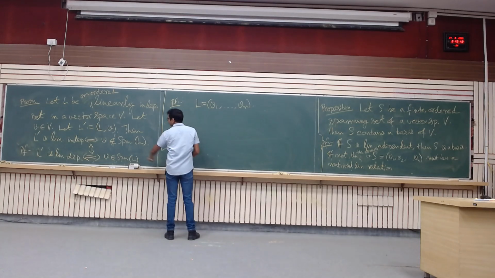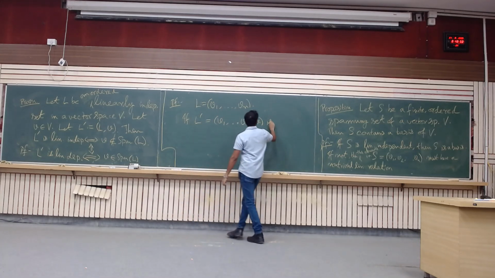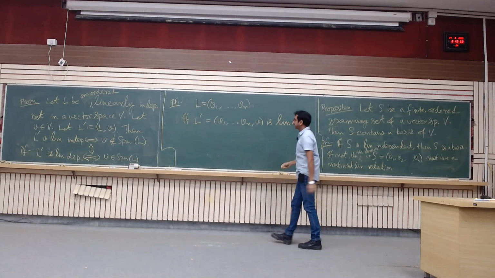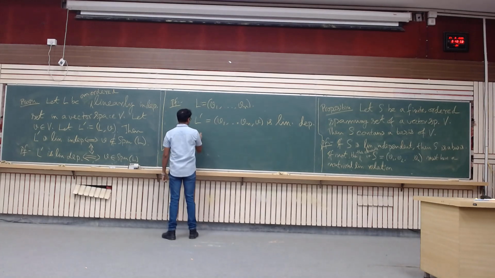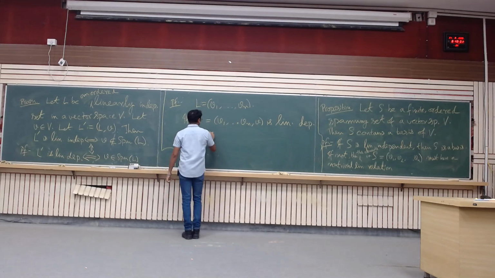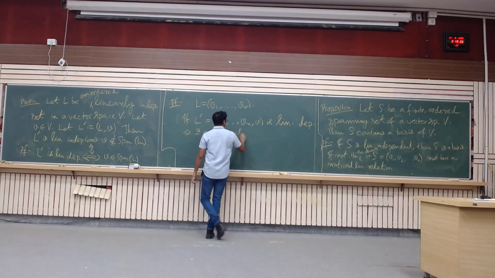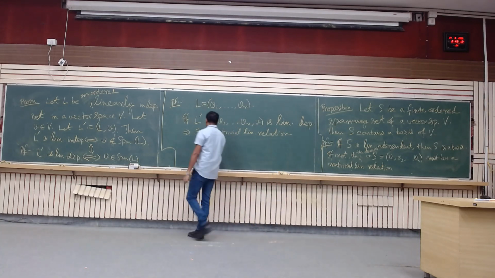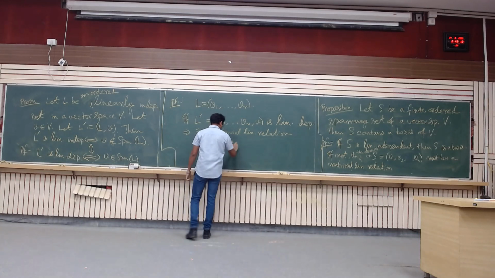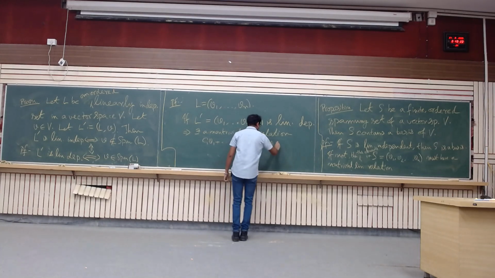If L dash, which is equal to v1 dot dot dot vn comma v, is linearly dependent, that would mean that there exists a non-trivial linear relation of the form c1 v1 plus dot dot dot plus cn vn plus c n plus 1 v equal to 0.